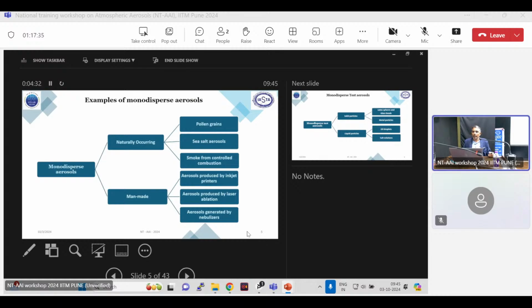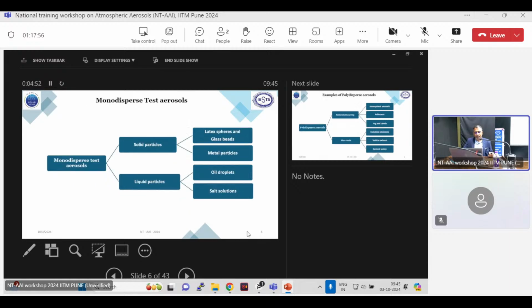Then smoke from controlled combustion, where we can avoid agglomeration, will have a narrow size distribution. And man-made aerosols are produced by inkjet printers, by laser ablation or plasma torch methods, and by nebulizers.